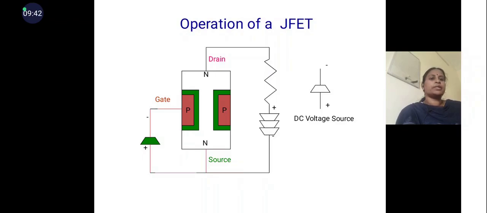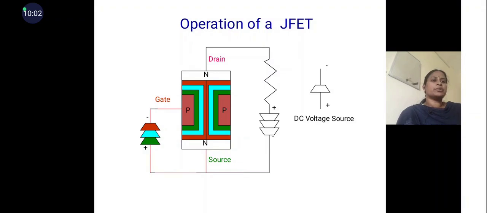Now I am applying voltage so that the channel is getting reduced, so that the current flowing from drain to source will be reducing. Again I am applying voltage, the channel width is getting reduced. If sufficient voltage is given to the gate, then the channel is fully blocked, so that the current flow will be 0.